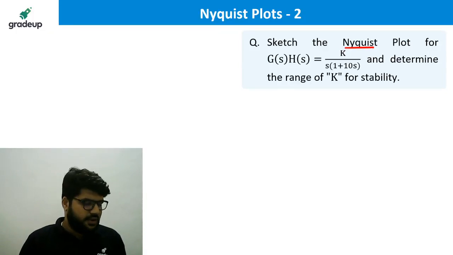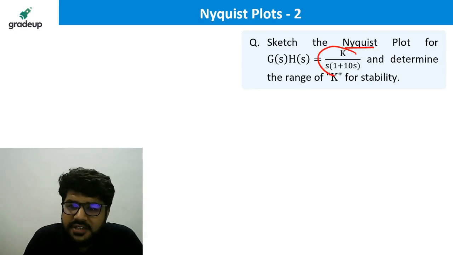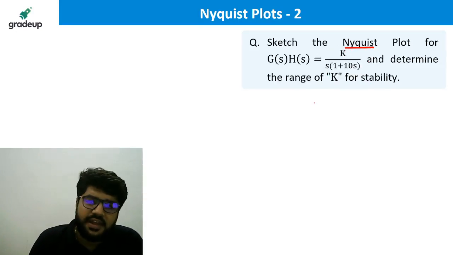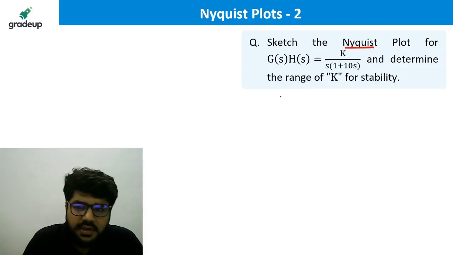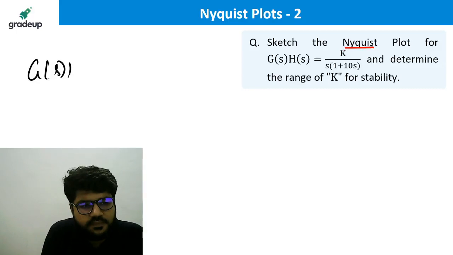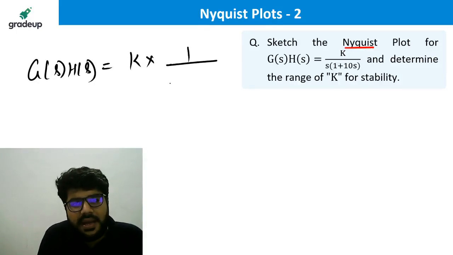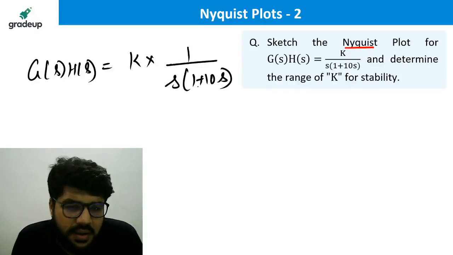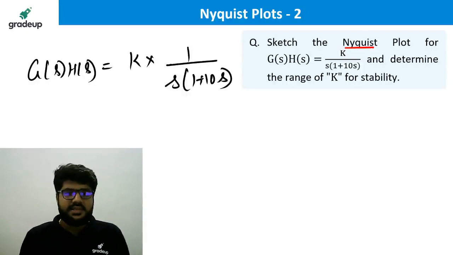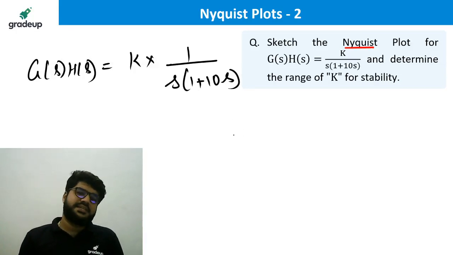So now this is a type of function that we have already discussed. K into 1 by s(1 plus 10s). Okay.